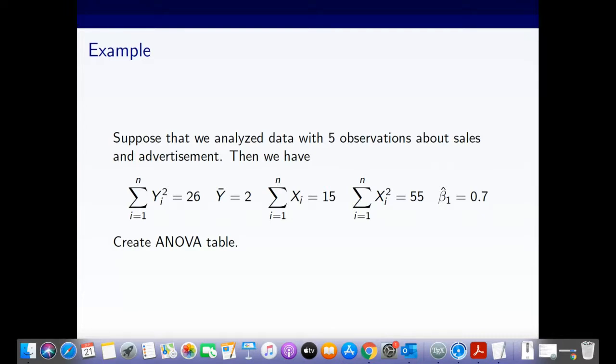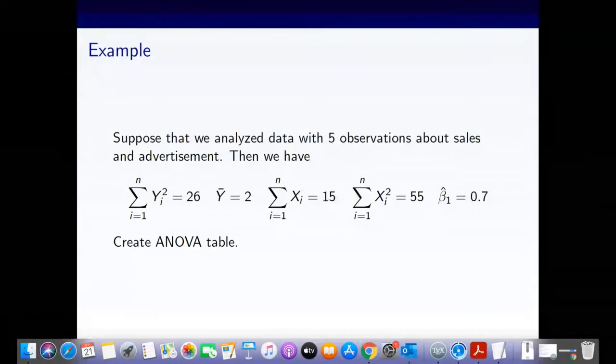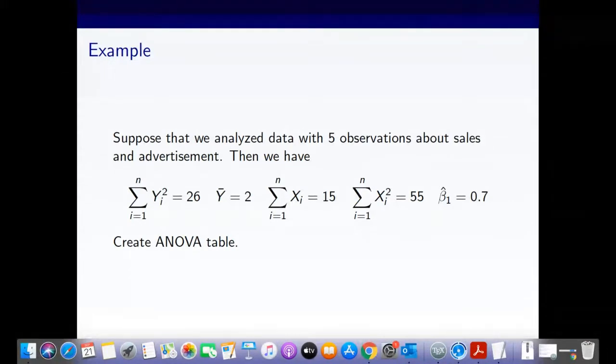So let me give an example. Suppose that we analyze data with 5 observations about sales and advertisement. We are looking at how the advertisement is associated with the sales. In this case, the sales is our outcome and advertisement is our predictor.